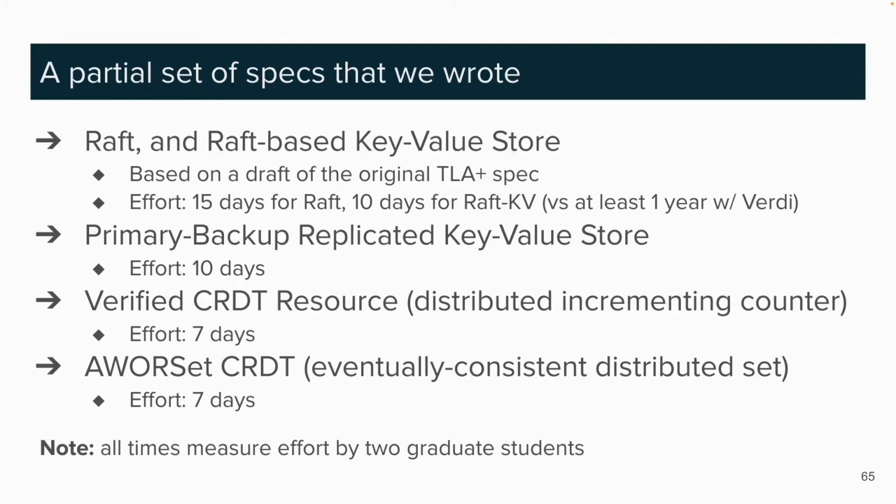And all of these took between 7 and 10 days to specify, keeping in mind for the last one that to use a resource, you have to also specify it. So even though the implementation is handwritten, the specification is still there and is applied to the specifications that make use of that resource.